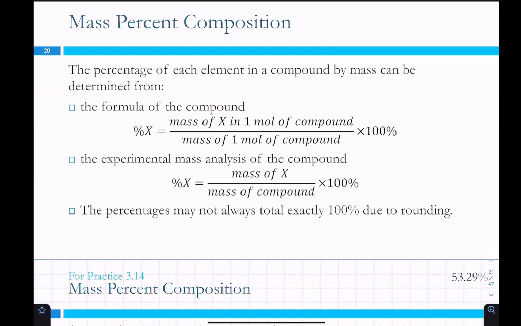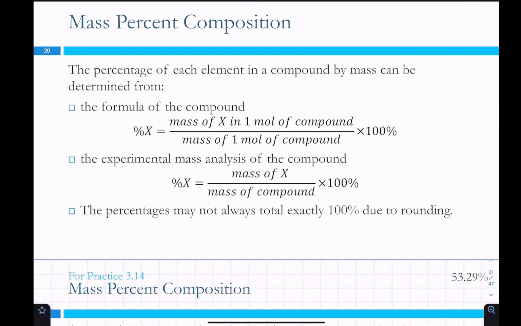So the mass of X, so one of the components of that compound, times 1 mole of whatever that compound would be. So here we're using the molar mass. A lot of the times it's going to be carbon, hydrogen, or oxygen for a lot of these calculations that we're going to do. And then you divide it by the mass of 1 mole of the whole compound.